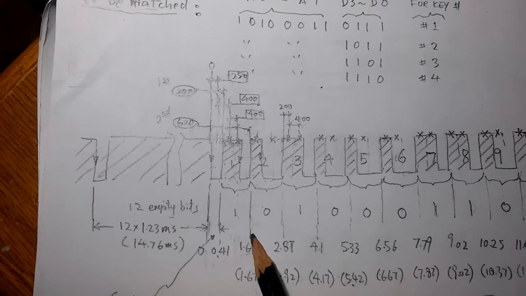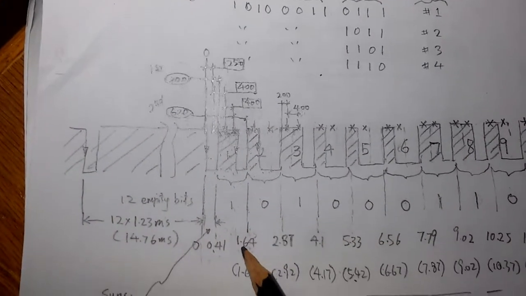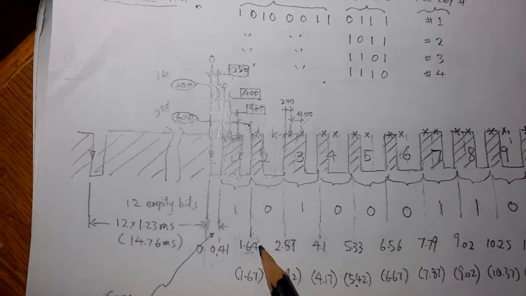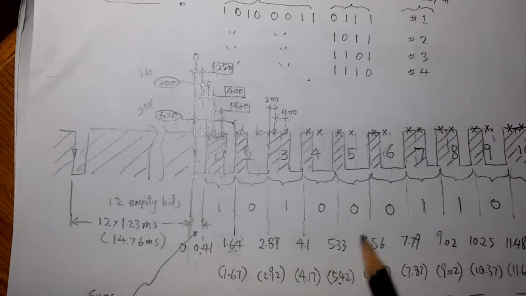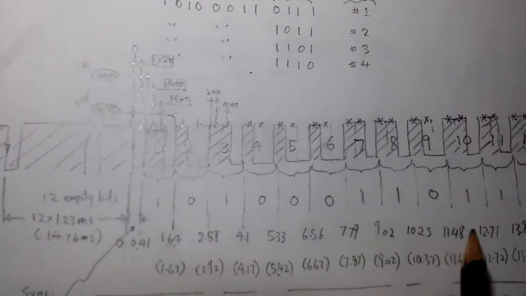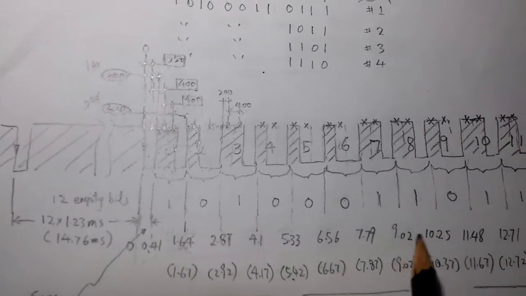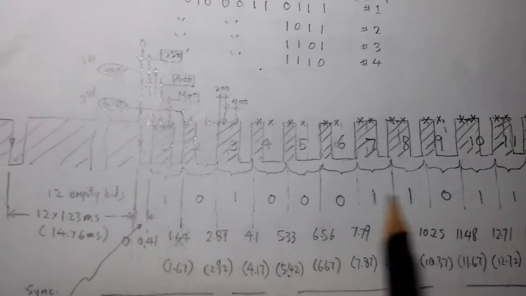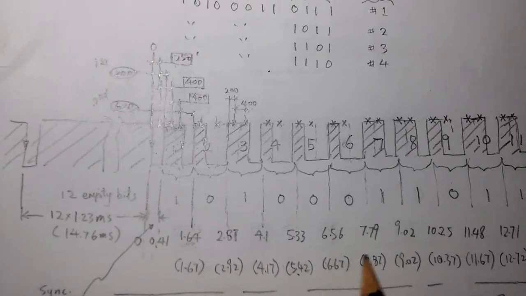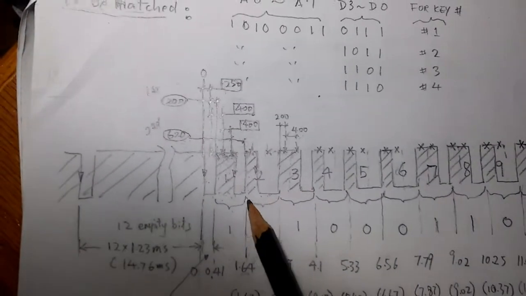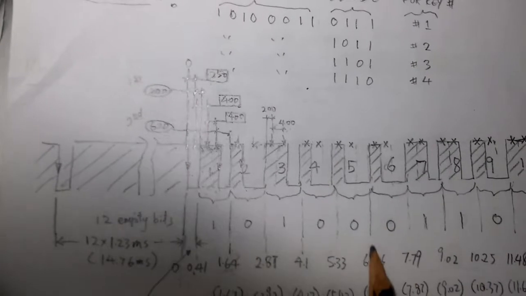From here to here is 1.23, and plus this, I got this value, and increased by 1.23. All these time values can be written down. This is the calculation value, and below here is the measurement value. How does this come out? It needs to be checked after I write the program code.